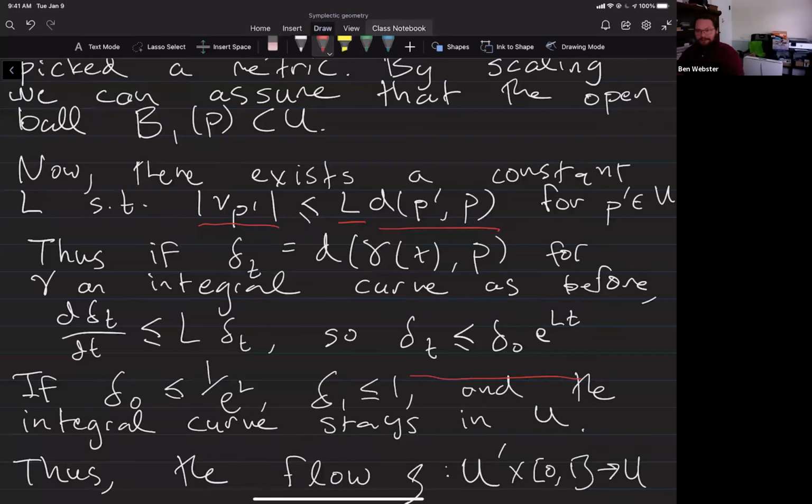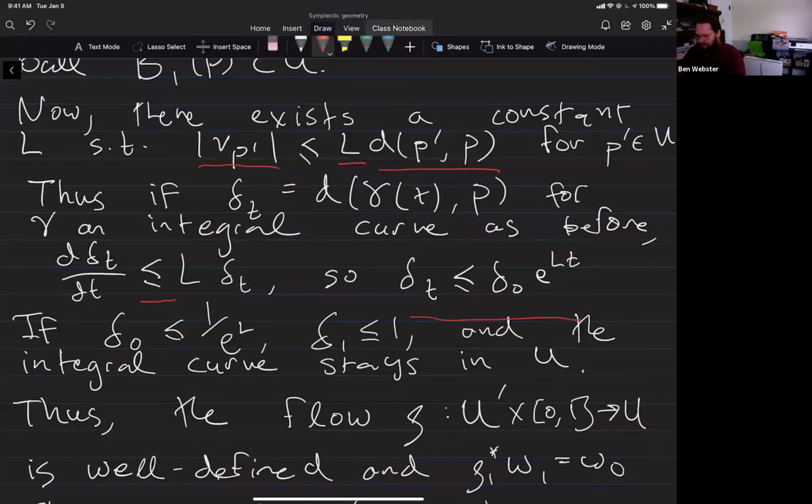So for each unit of time, the biggest factor I can increase my distance from the origin by is e to the L. And so if I start inside the ball of radius 1 over e to the L, I can't leave the sphere of radius 1.